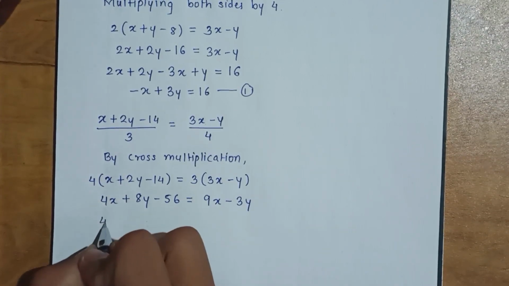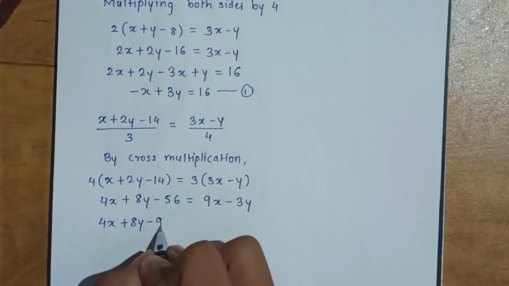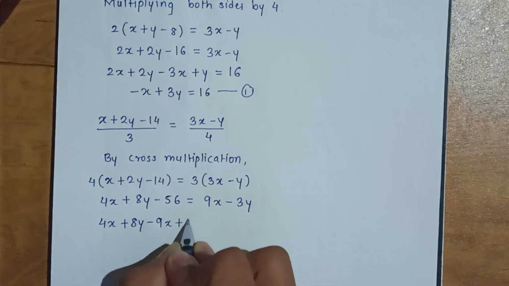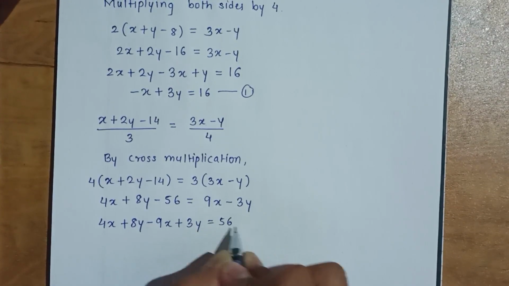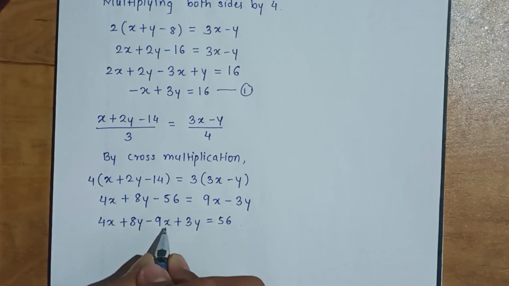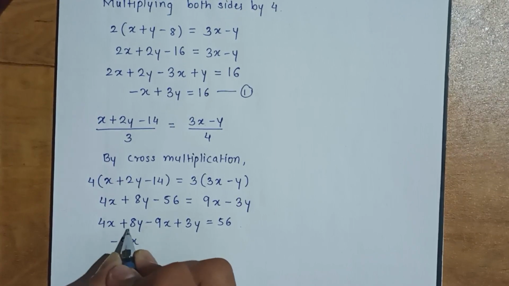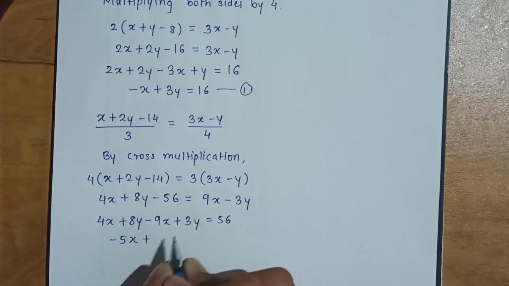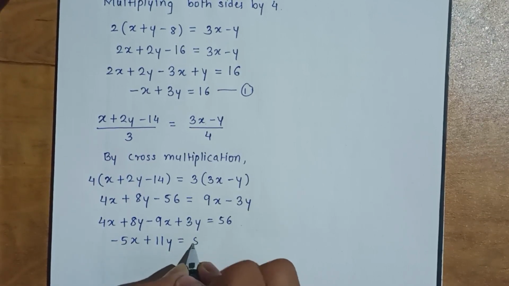So 4x plus 8y, the 9x will become negative, the 3y will become positive, and the 56 will become positive. Now we will do further calculation: 4x minus 9x gives you minus 5x, and 8y plus 3y gives you 11y, equals 56.